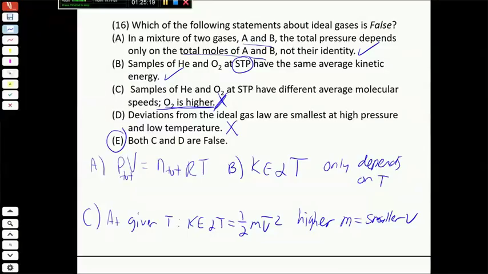All right, questions on the concepts related to kinetic molecular theory, ideal gas law, or real gases, which is what this problem dealt with? Yep. D is wrong because the deviations would be smallest when the pressure is lowest and the temperature is highest. Remember that the ideal gas law makes two key assumptions.